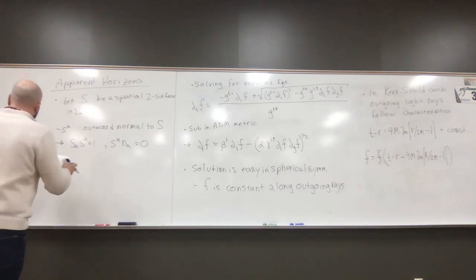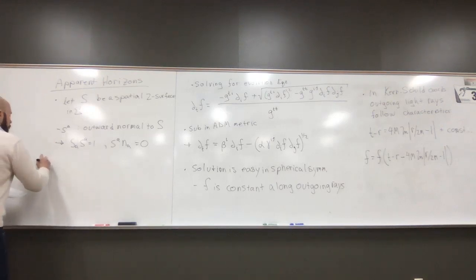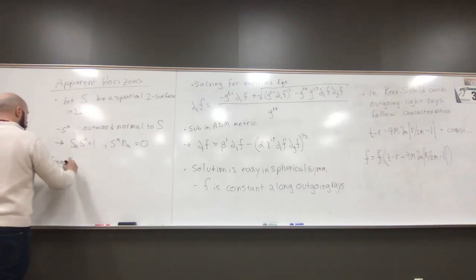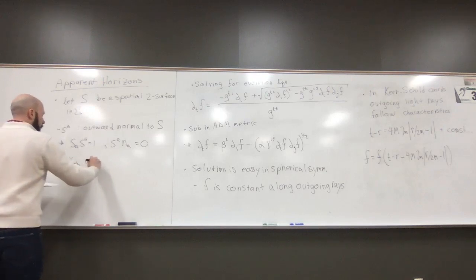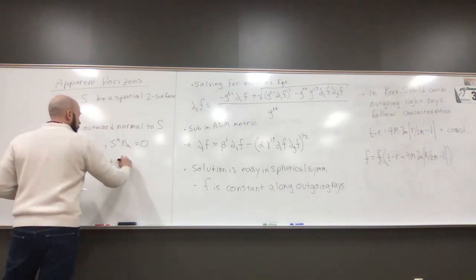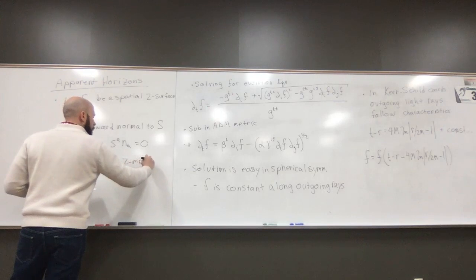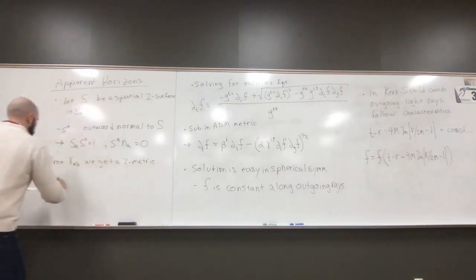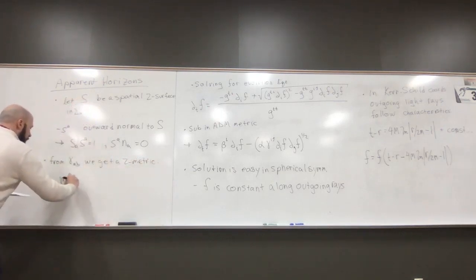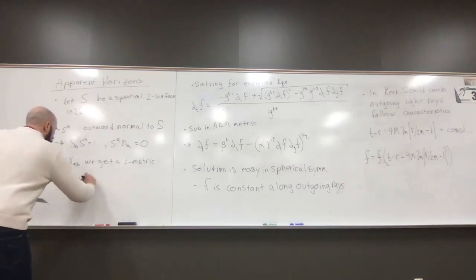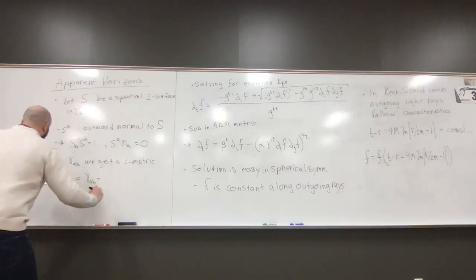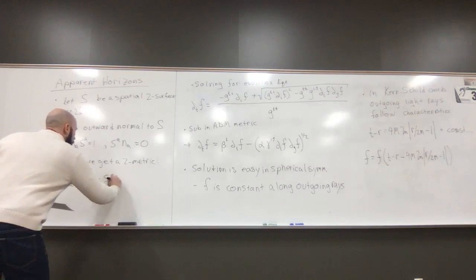So from gamma AB, we get a 2 metric, which is MAB equal to gamma AB minus SA SB.